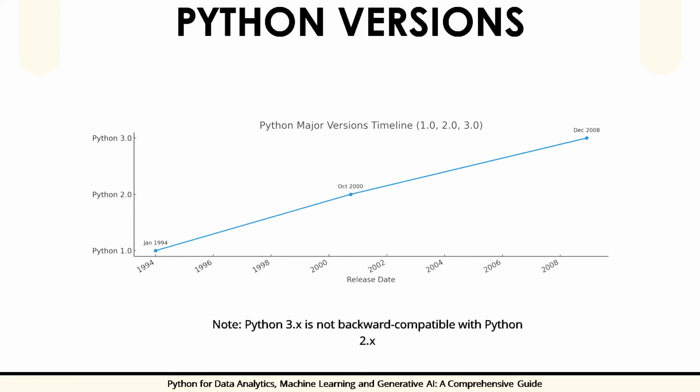To address this, Python 3 was released in 2008 and it is the version most widely used today across industries, education, and research. Python 3 has gone through continuous development with regular version updates. Python 3.1 was released in December 2009, followed by 3.2 in February 2011, and so on.